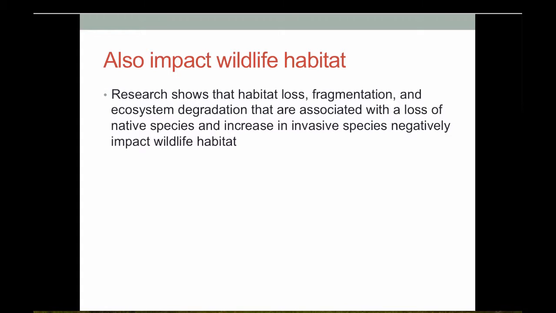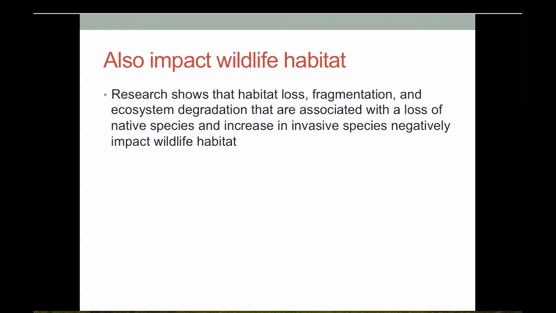And so I think we can see this with the earlier work that we read of Joy Zedler, where we have seen that wildlife are going to be impacted by the structure of those communities and the structure of the plants, which is going to be tied back to that environment that we're trying to restore.